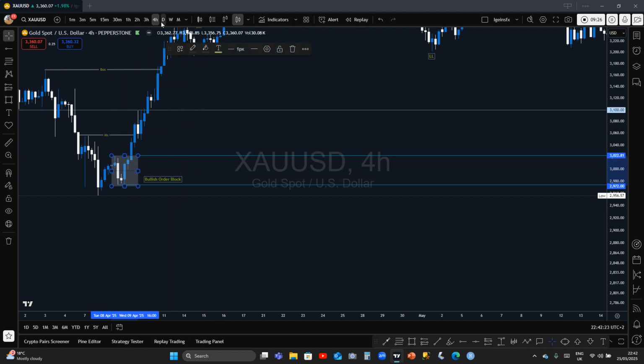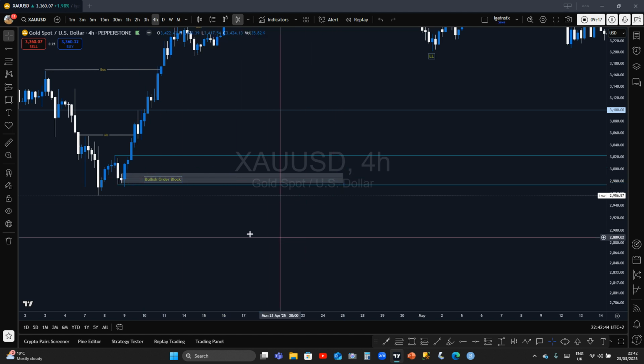That is a higher time frame. That is a daily. But in 4 hours, I can refine this thing to be only this small candle. This small candle here is the bullish order block. All right, you can refine it like this. This is the 4 hour bullish order block.